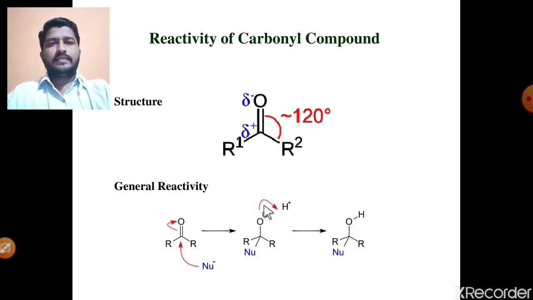And this O minus abstracts a proton, meaning protonation of this oxide ion, and it finally gives an OH group. It is a simple nucleophilic addition reaction. The carbonyl compound gives nucleophilic addition reaction due to the nature of this carbonyl carbon, which gains a partial positive charge due to the adjacent, more electronegative oxygen. These are the general reactivity features of carbonyl compounds.